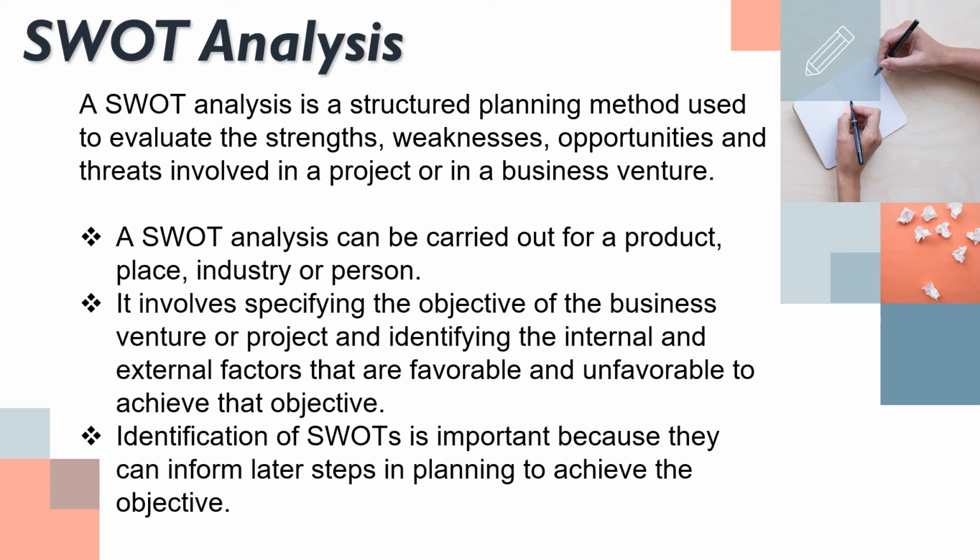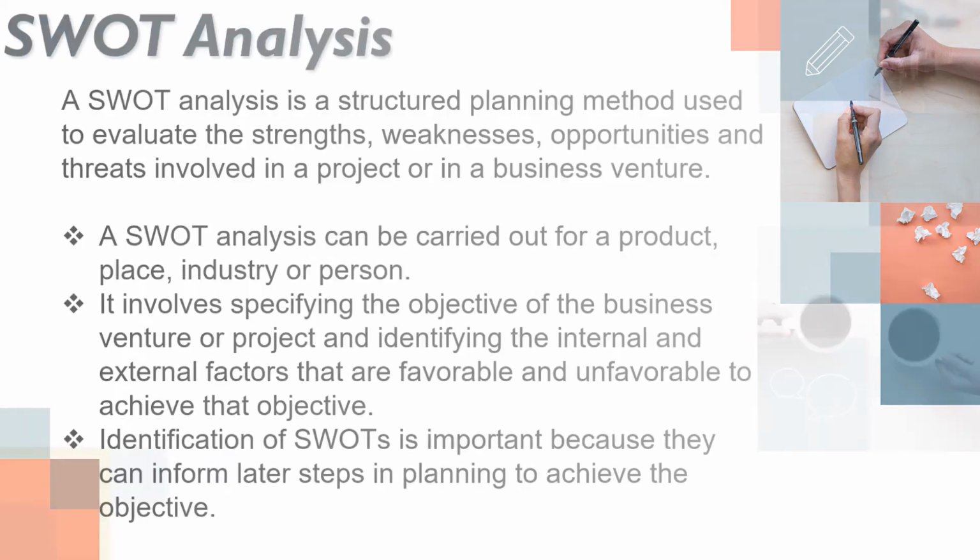It involves the objectives of the business, and it's identifying the internal and external factors that are favorable and unfavorable, so that helpful line we saw vertically and that harmful line. The SWOT is really important because it helps the planning process. If you understand the things that you're good at and the things that you're not so good at, and the areas of opportunity and the things that could derail you, it helps you plan better.